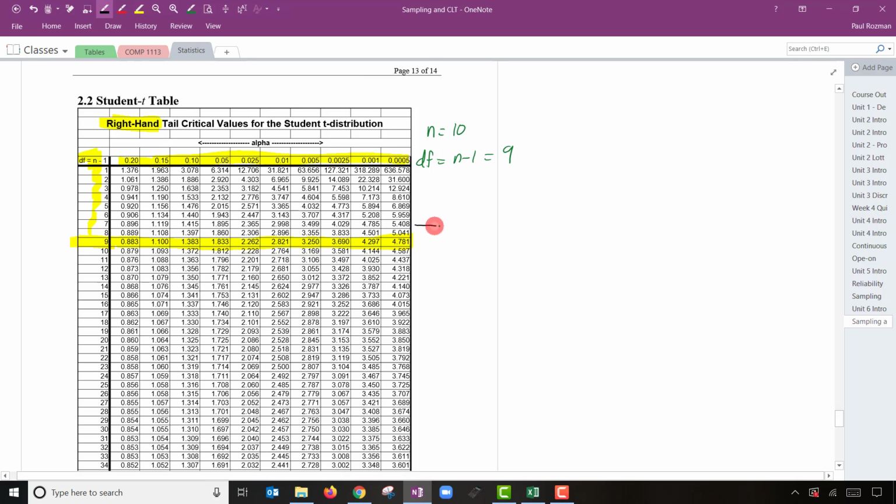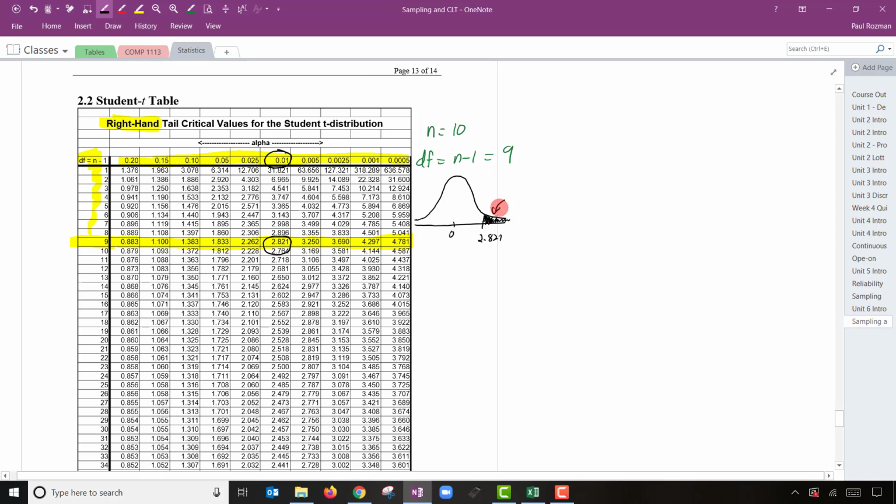So if I draw a little picture here, suppose I have the number 2.821. I'd probably mark that up here, pretty far away from the mean. And then the area to the right of that is given in the table up above.